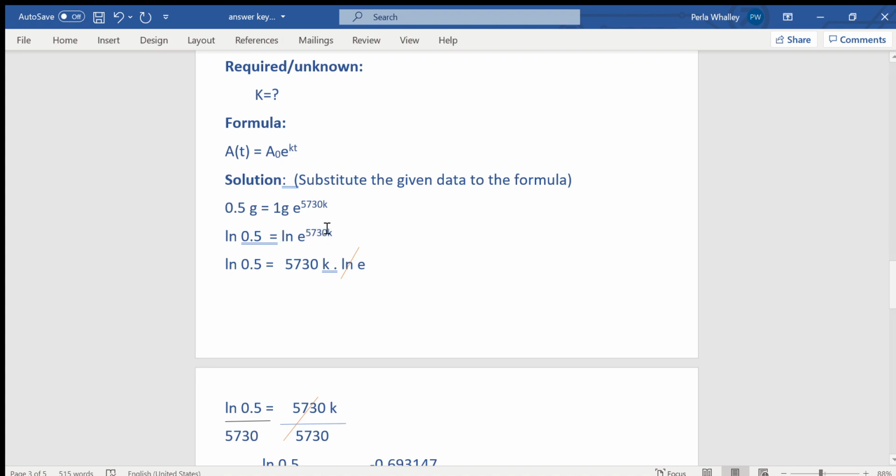So we put this one here in front, 5,730 k times ln e. But ln e is only equal to 1, so it is cancelled out. It is equal to 1.